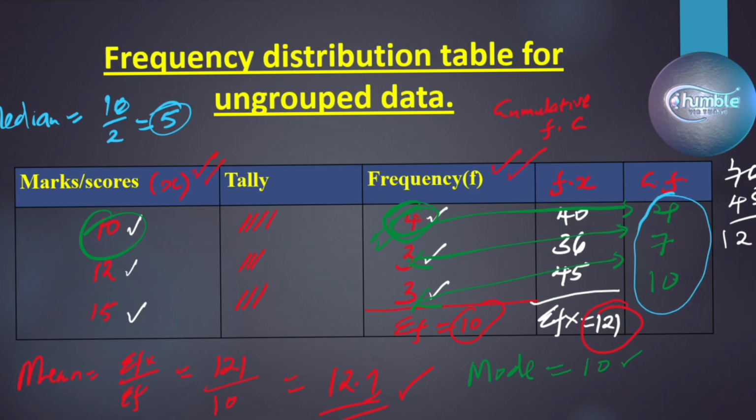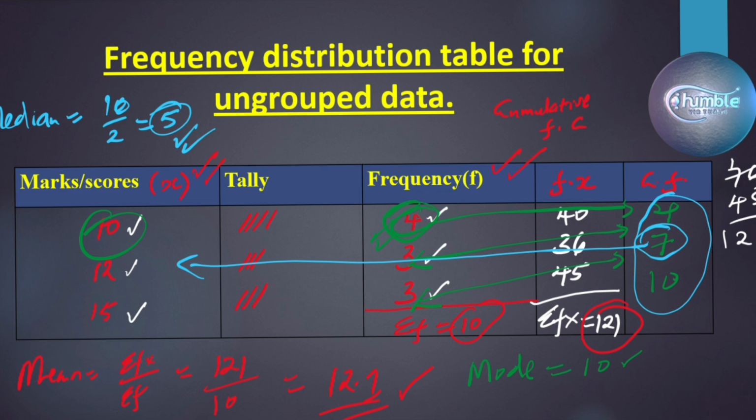4 corresponds to 10, meaning if you arrange this data, 10 is going to occupy the first 4 positions, then 12 is going to occupy from the 5th position up to the 7th position, and then 15 is going to occupy from the 8th position up to the 10th position. Therefore, if you're looking for the data that occupies the 5th position, the 5th position is inside 7. So we find which score has that cumulative frequency.